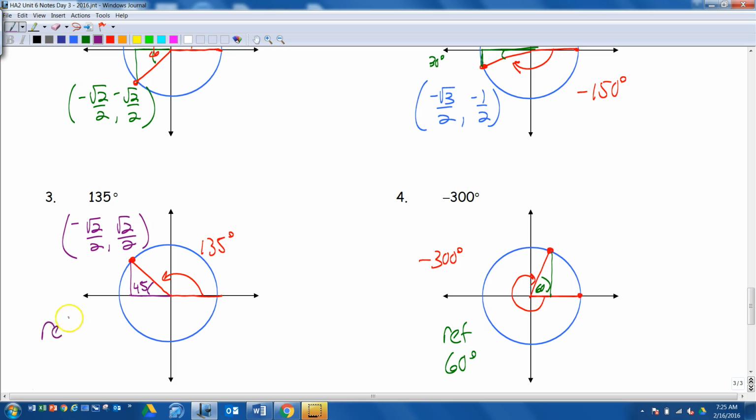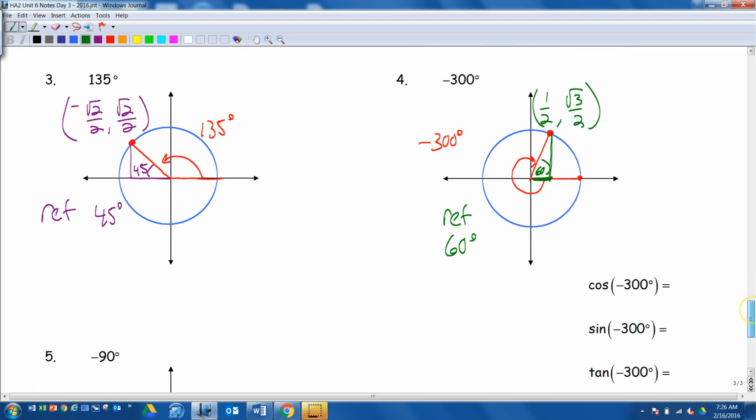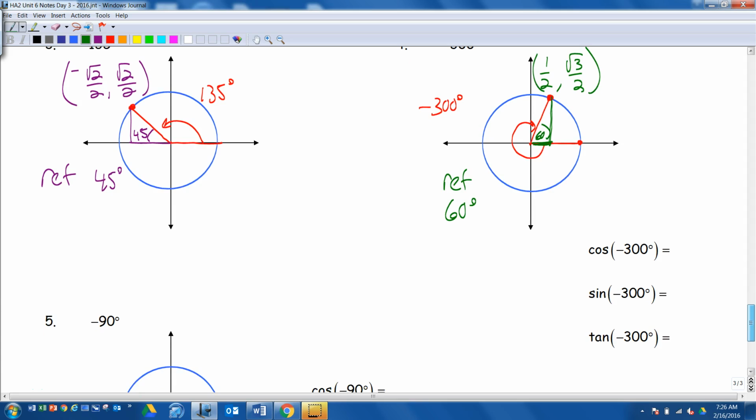I wasn't really writing them, but we have to do that for the problem. Okay, so the reference is 60. If I draw a triangle with a reference of 60, across from the 60 is the bigger side. So that means my y is root 3 over 2. My x is the shorter piece. That one's the 1/2. Okay? Now we have that point. Let's answer this question down here.